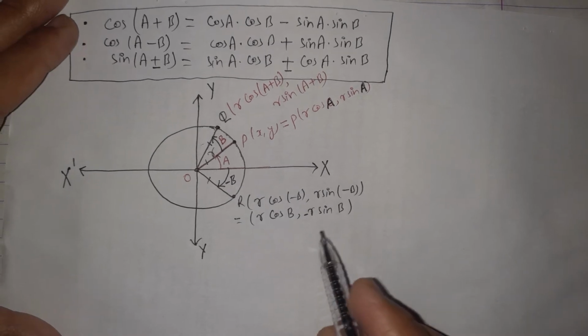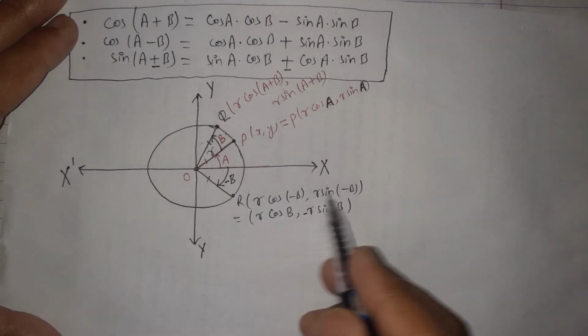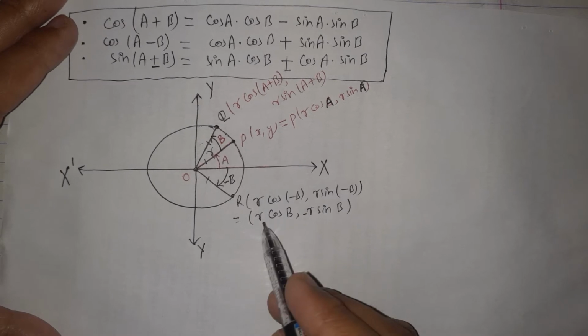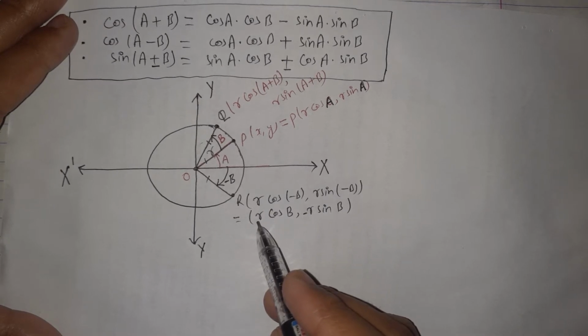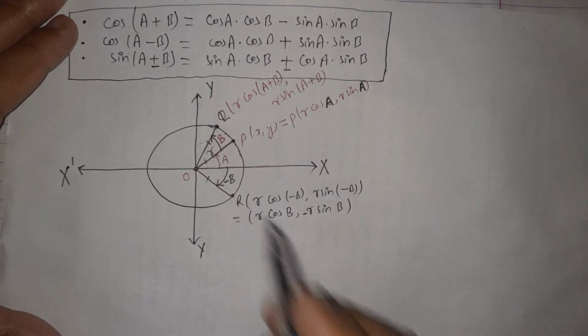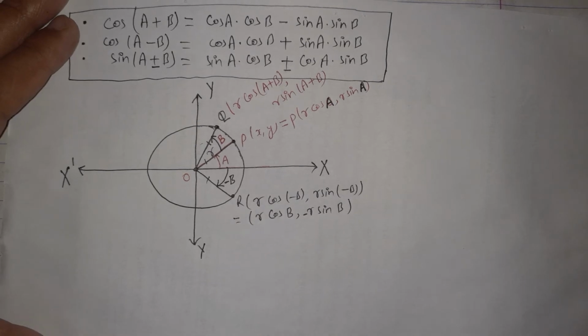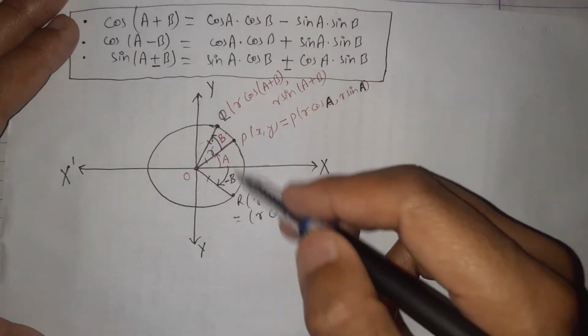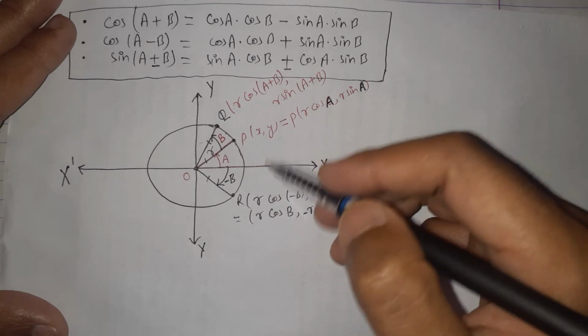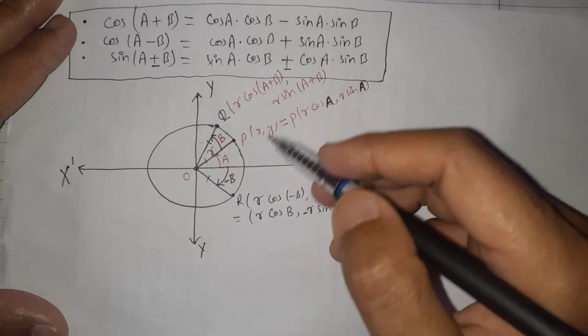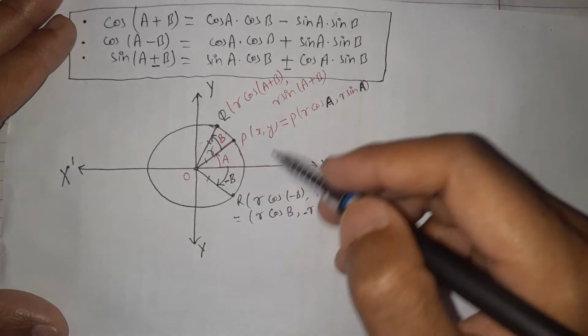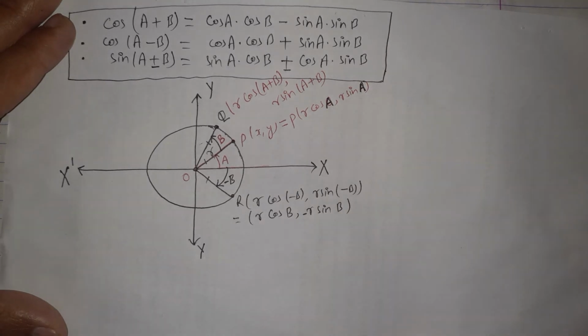Here we simplified these relations, and we got the polar form of the point R also. Here we take the three points P, Q, and R, and we change the coordinates of the points P, Q, R into the polar form.